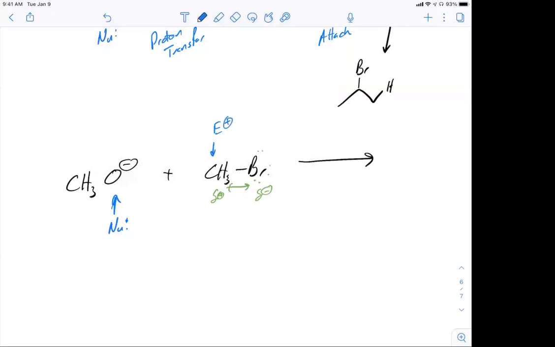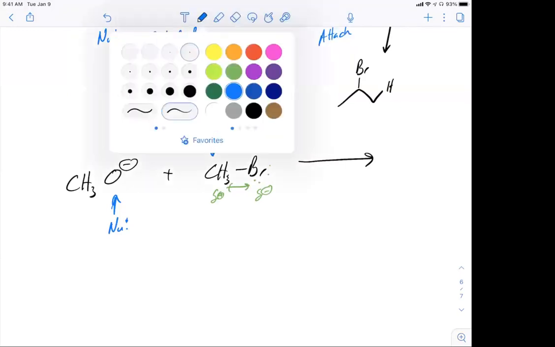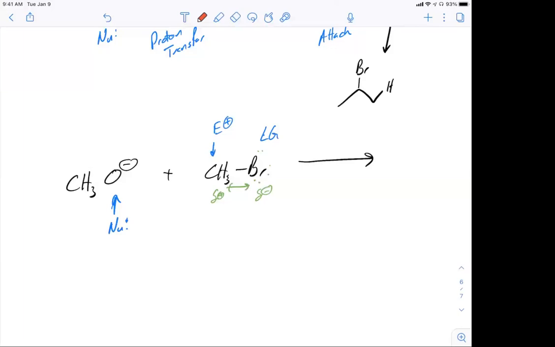And would the bromine be stable once it's left? Is a bromine negative a stable species? Halide negatives are very stable, right? So I can say that this is going to be a good leaving group. So if we look at nucleophiles, what do nucleophiles do? Nucleophiles attack electrophiles. What do leaving groups do? Leaving groups leave.